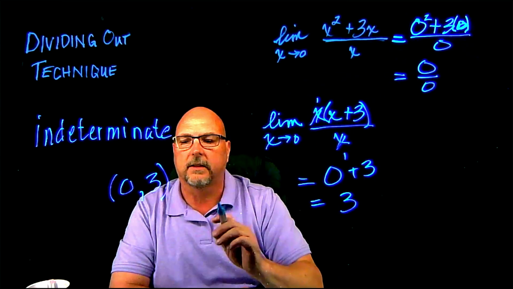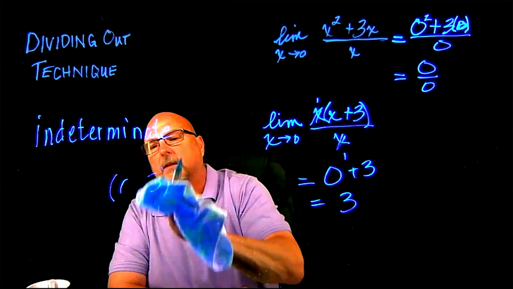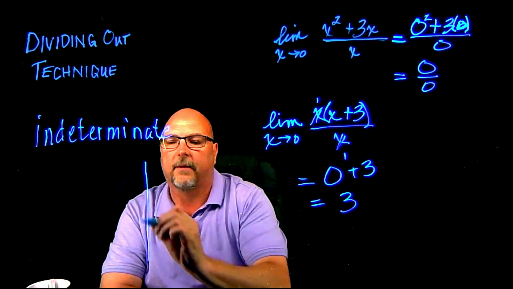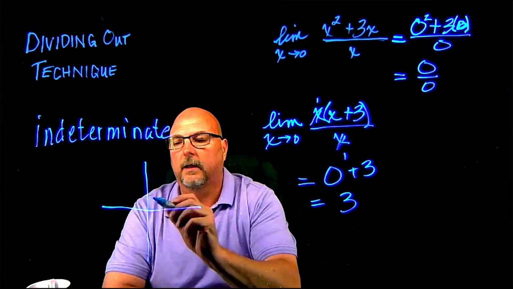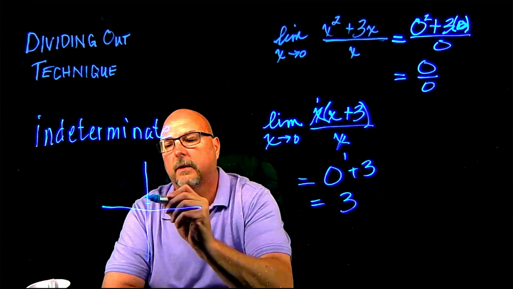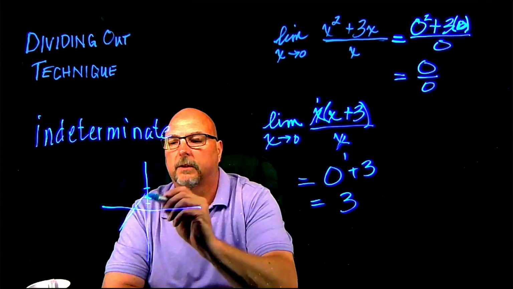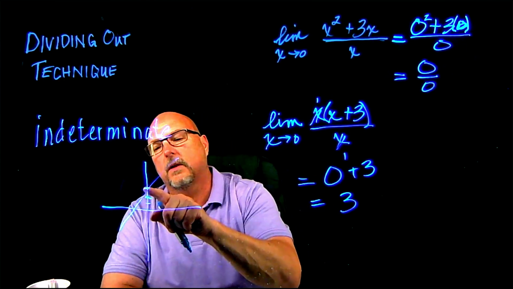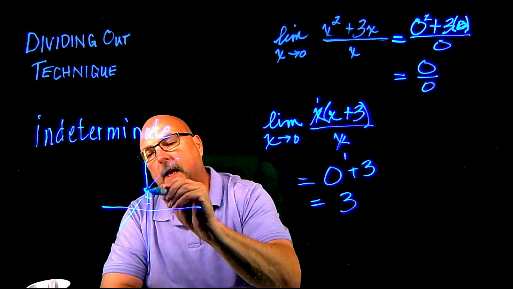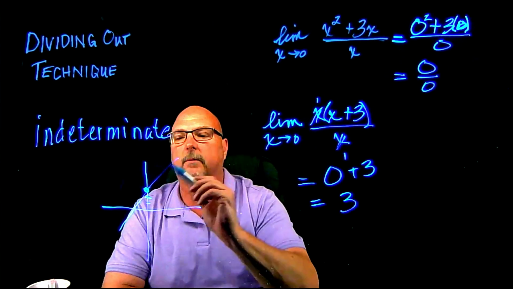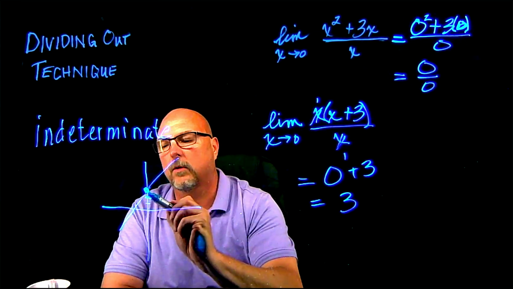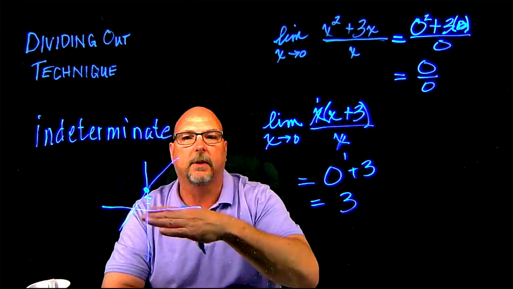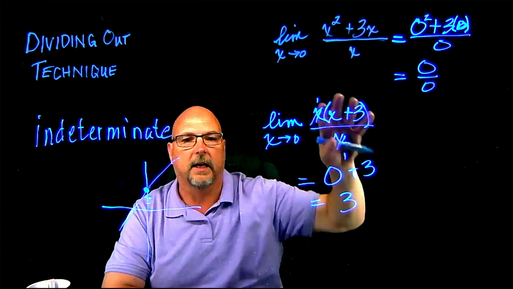So for instance, if I graphed x plus 3, it would cross 3 units up, something like this. However, at 0, I would have a little hole in my graph. All right? That is always what happens whenever you can divide something out.